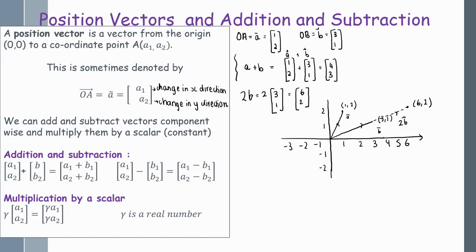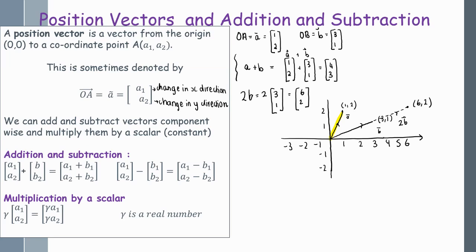As you can see in this graph, we have the vector OA, sometimes denoted as little a. That vector is 1, 2. Because it's a position vector, we start at the origin. We're going to move 1 place right and then 2 places up in the vertical direction. So I'm going to actually end up at the point 1, 2.